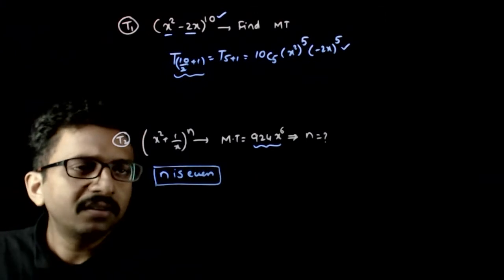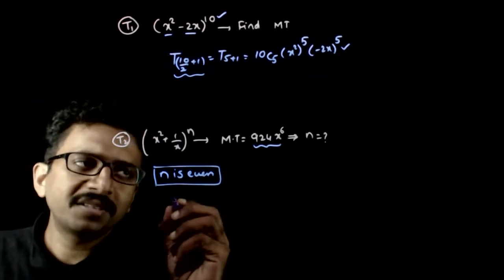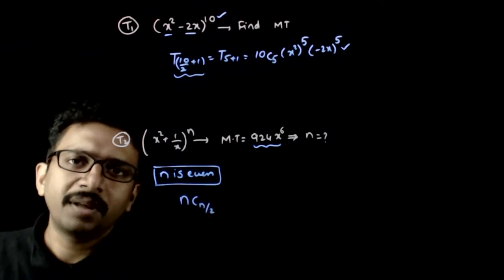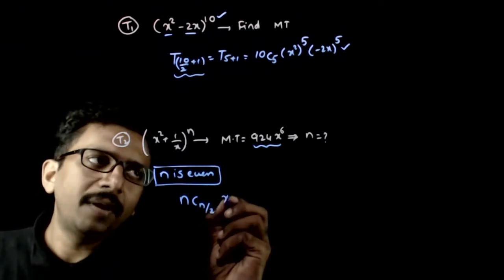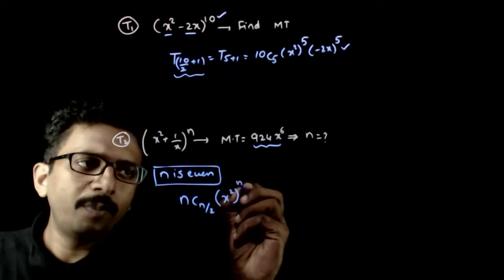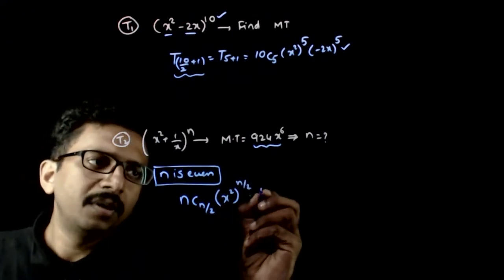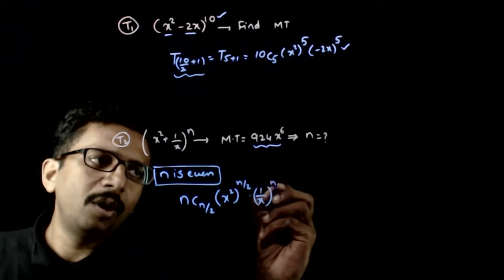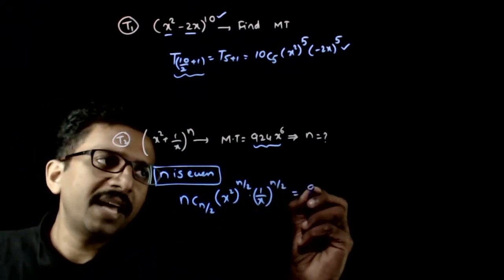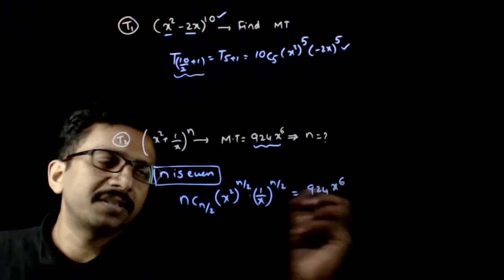So if n is even, the middle term is nC(n/2) (x²)^(n/2) (1/x)^(n/2). This is given as 924 x^6.